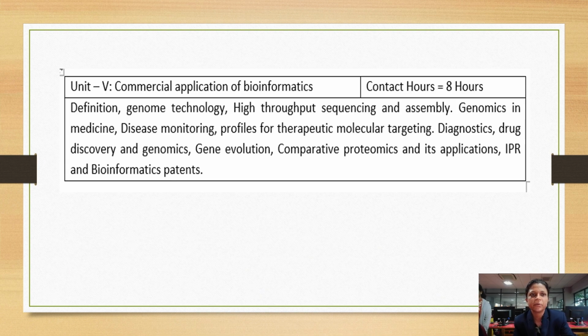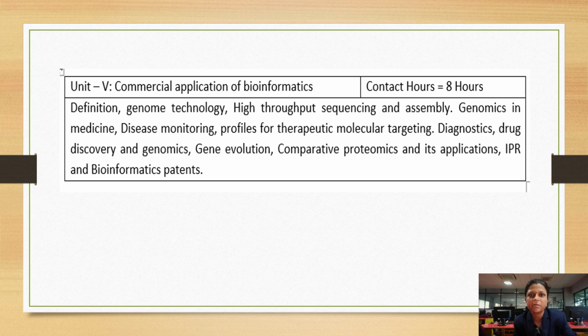In the fifth unit, you'll learn about the applications, how you can use bioinformatics. For example, you can write a Python program, run it, and directly get your data. So we learn the basics first and then utilize them in Python, incorporating these things to get results immediately.